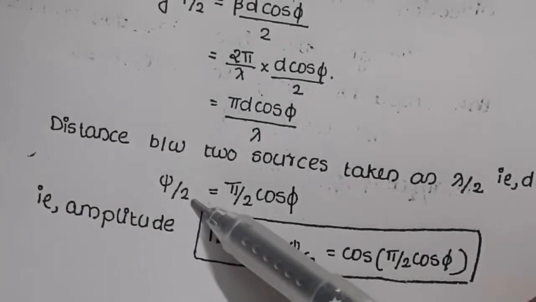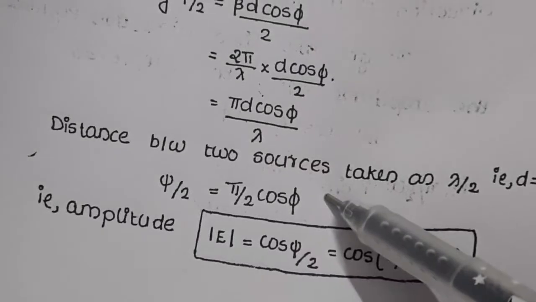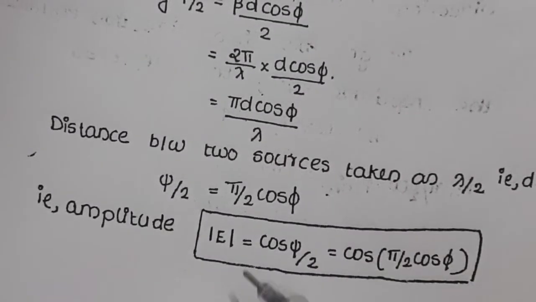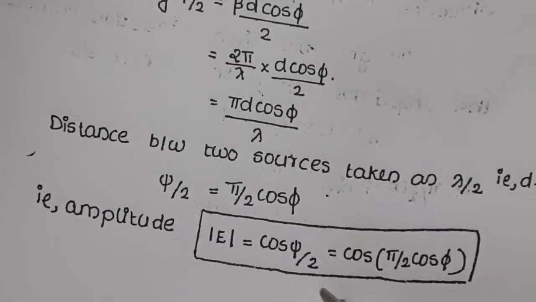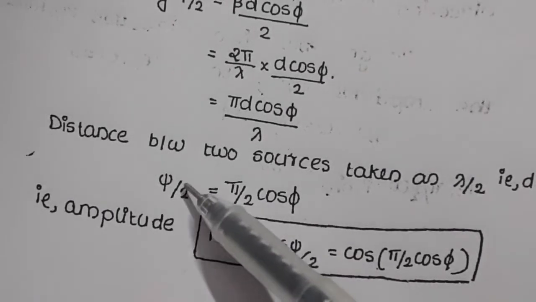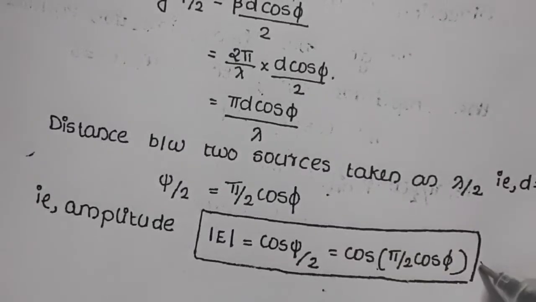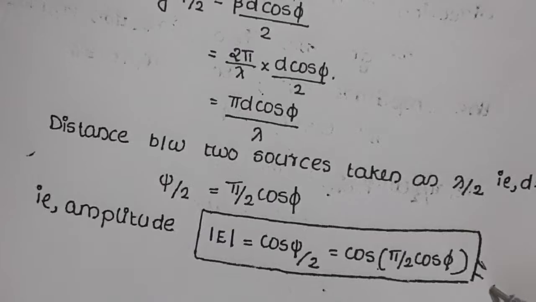Then using this d value of lambda by 2, psi by 2 is equal to pi by 2 cos phi. Then the amplitude of the electric field is cos psi by 2, where instead of psi by 2 you put pi by 2 cos phi. This is about the amplitude field pattern.